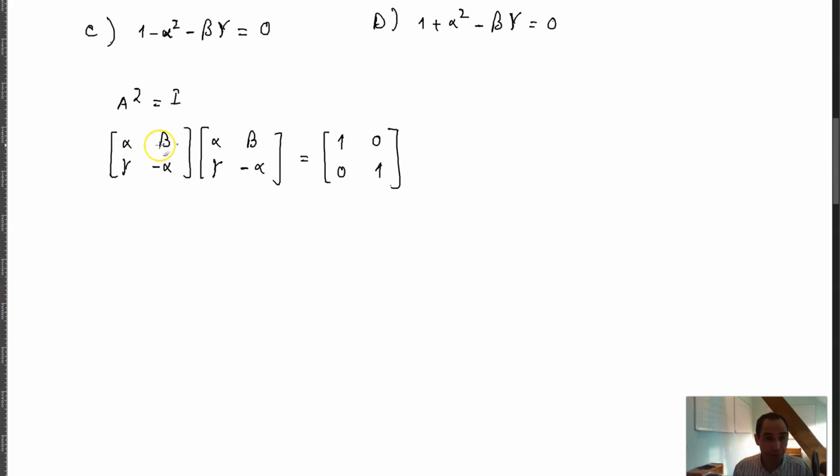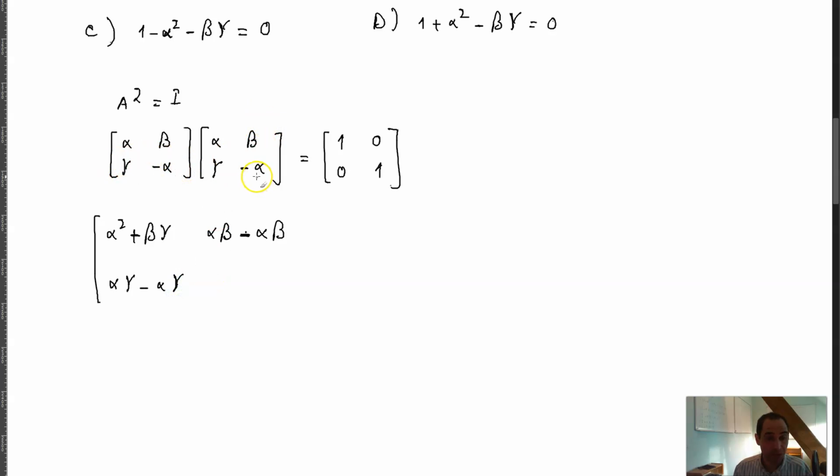Now multiplying this row by this column, I get alpha squared plus beta gamma, and multiplying this row by this column, I get alpha beta minus alpha beta. This row by this column, I get alpha gamma minus alpha gamma.